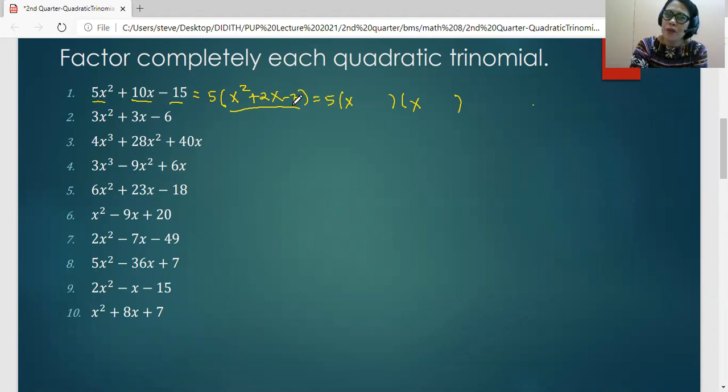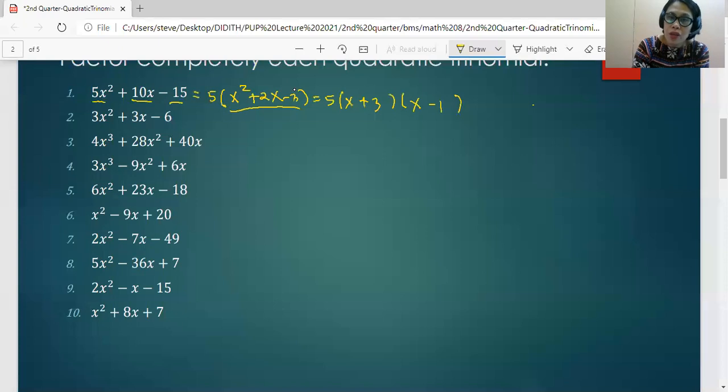And of course, the only factors of 3 are 1 and 3. So we have to come up with a positive middle term. So we will make the bigger factor 3 positive, and this one is negative, so that when we combine the product of the outer and the inner terms here, this will result to 2x. So these are the factors.